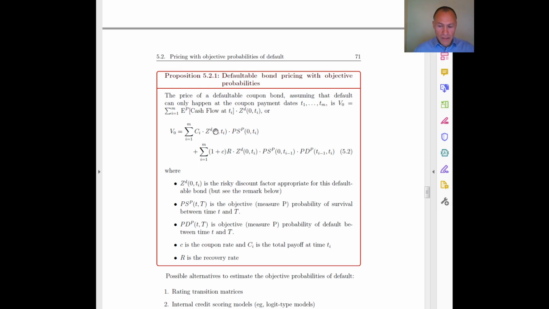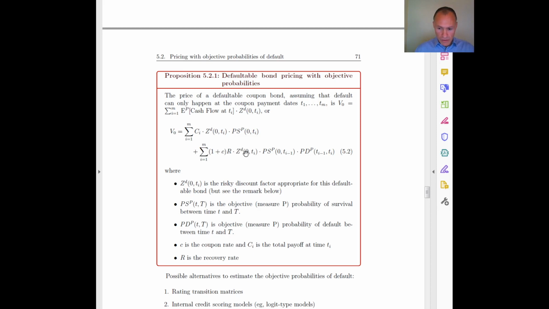And then this Z is the discount factor to bring the cash flow from that future date back to the present, right? And this D here stands for defaultable, saying that this is the discount factor appropriate for the risk of this bond, okay? And then the second sum is all the cash flows in the bad states, in the default state. So this is the value we get if there is default.